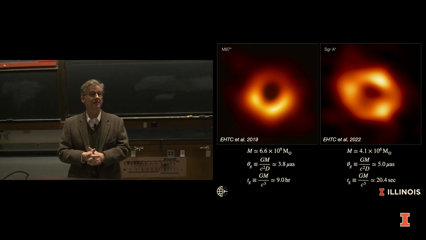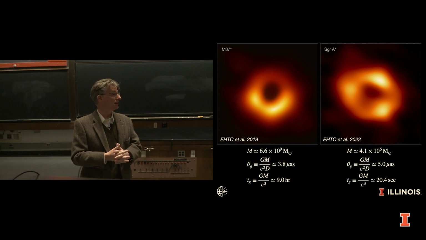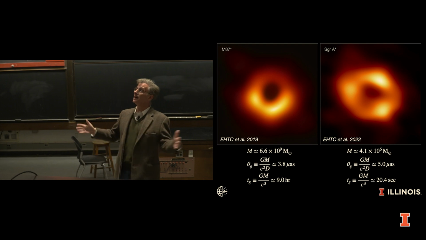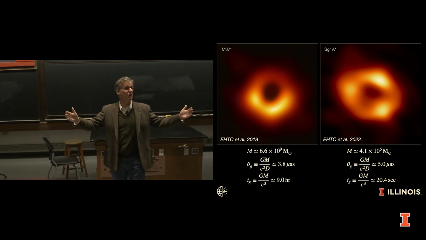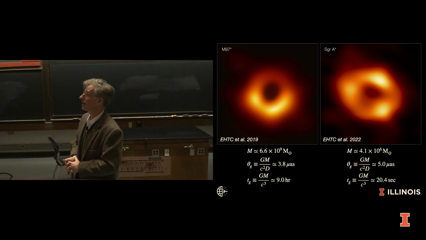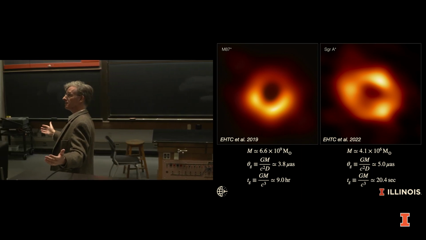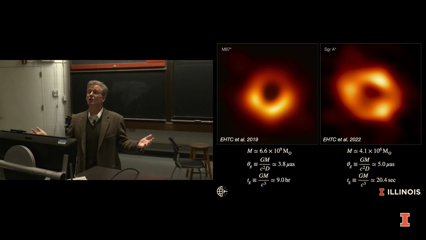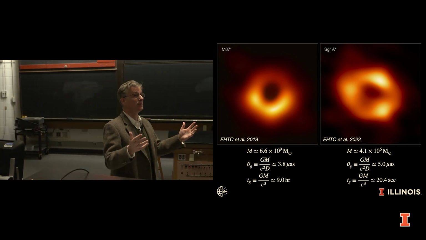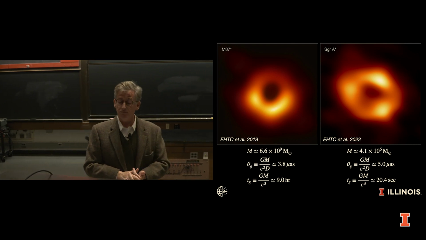This is one of the biggest black holes in the universe. The size of a black hole, measured in meters, is proportional to its mass, so a more massive black hole has a larger size, and this one is about the size of our solar system, a little bit bigger than the orbit of Pluto.